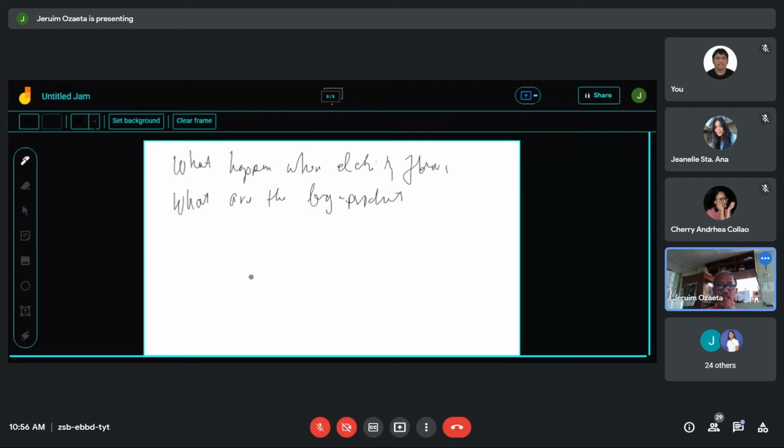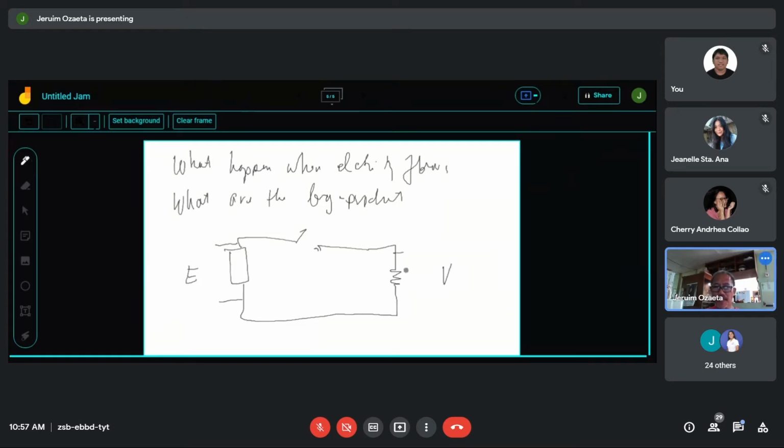Okay? Kung ang electricity mag-flow, what happens is the potential difference at the source is dropped at the load.